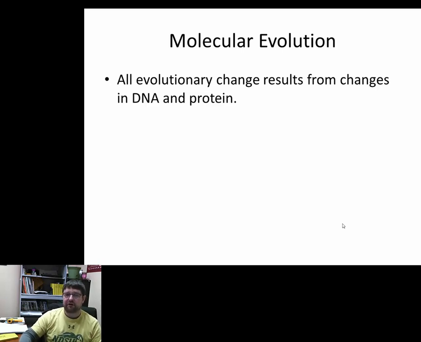Okay, and so we know this as basically the central dogma theory. We know that if we alter a DNA sequence, we're going to alter the RNA sequence, which is going to alter the protein sequence. Okay? And so that's called the central dogma theory, that DNA is transcribed into RNA and then translated into proteins. Okay? And any changes in the DNA will alter the protein.